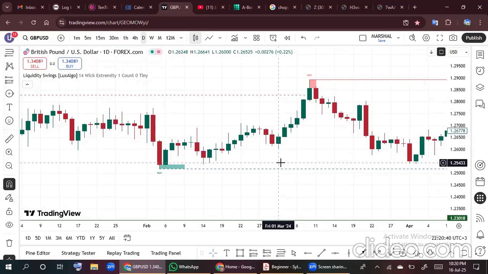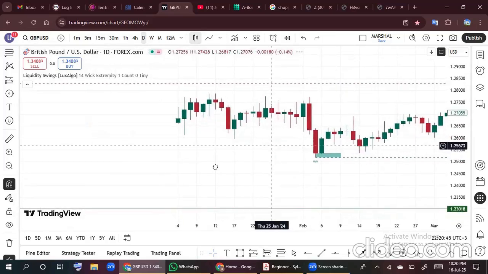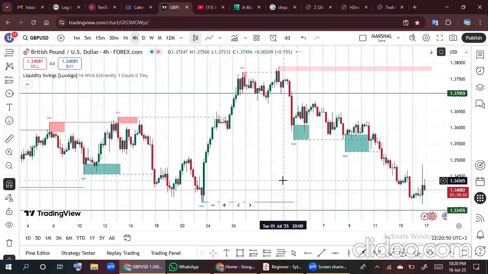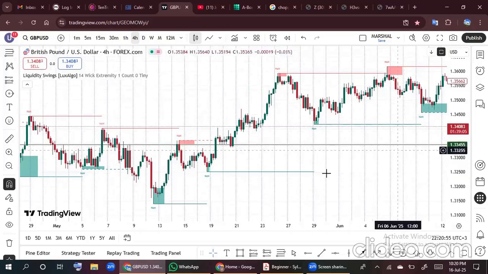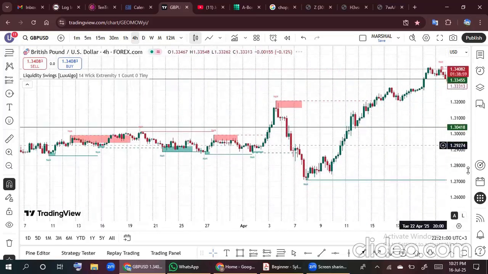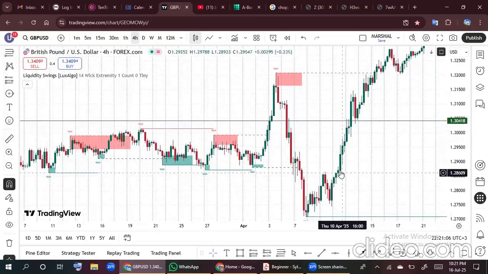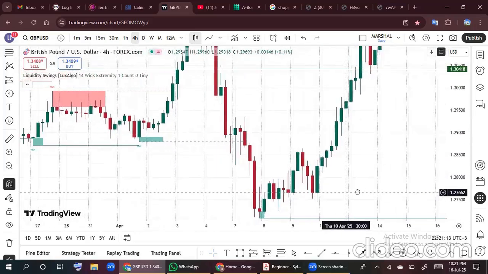You see it on a preceding downtrend. So it shows you that the bears are exhausted and the bulls are in. It forms something like this, but it's a preceding downtrend.